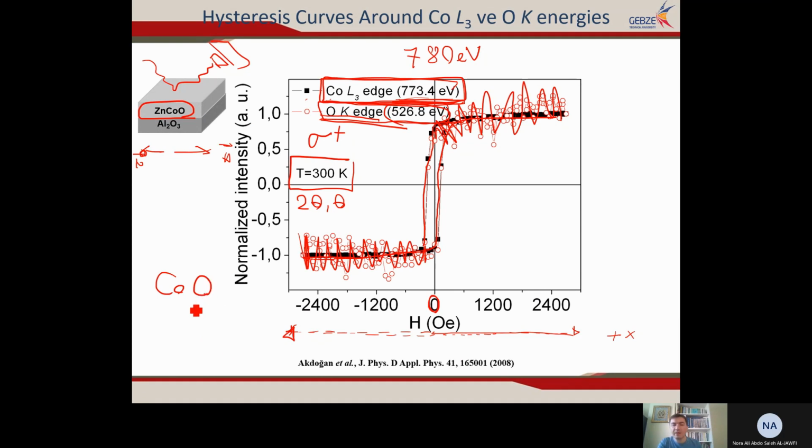And normally oxygen is not magnetic, but due to the bonding with cobalt, okay, it earns a magnetic property, and its magnetic property is identical to the magnetization of the cobalt, okay? This tells us that cobalt makes bonding with oxygen within this material, okay?